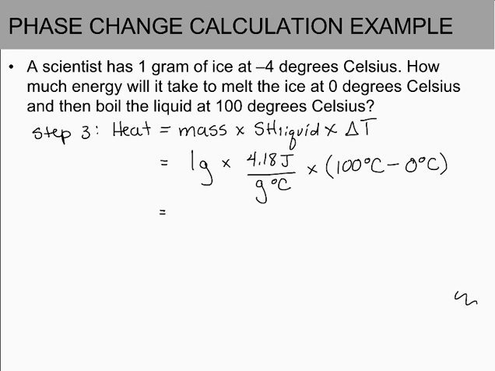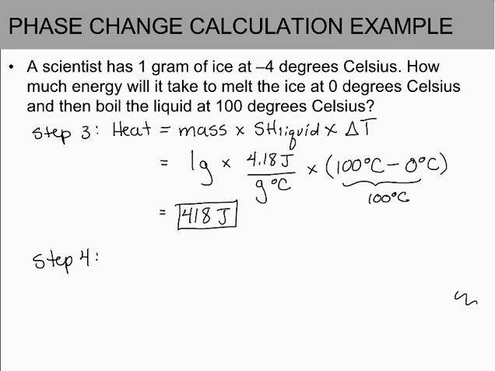So that difference is just 100, which makes it easy. 1 times 4.18 times 100 is 418 joules. That's how much energy it takes to heat liquid water from 0 degrees to 100 degrees.